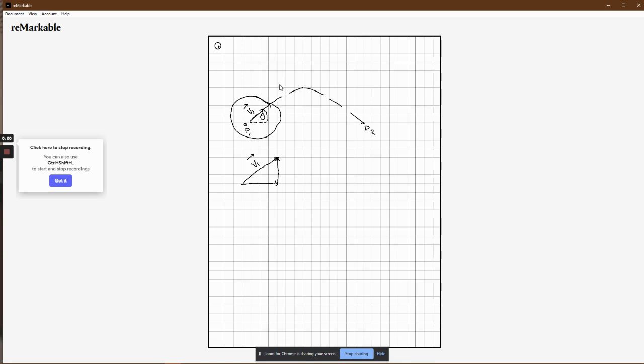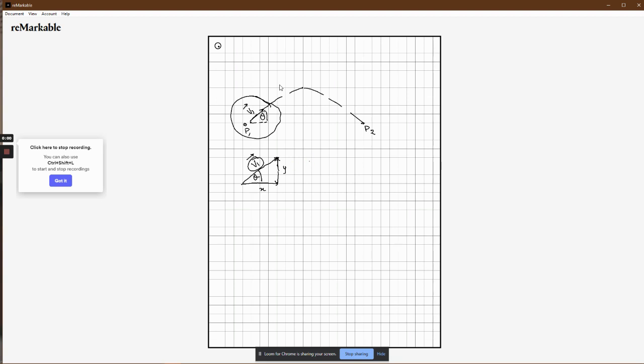By definition, V1 is the diagonal velocity in any projectile motion, and we know that angle theta is over here. Let's call this side y, and let's call this side x. Let's break down this whole velocity into its horizontal and vertical components.